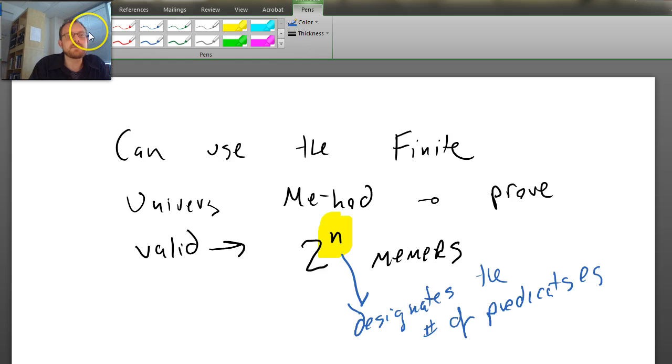Okay, so that means if you have a statement that has 2 predicates, then you only need to check 2 to the second, which is 4.